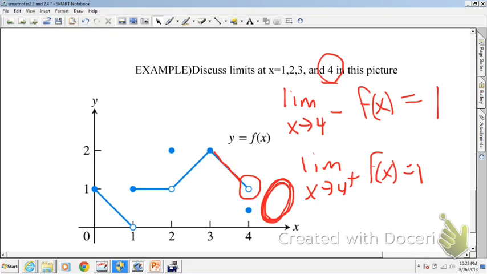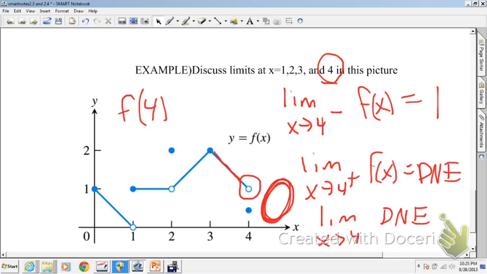So it does not exist. Therefore, if there only is a left-handed limit, the overall limit as x approaches 4 does not exist. And if you want to look a little further, the function evaluated at 4 appears to be maybe about 0.5. So even in terms of continuity, it's not continuous there either.